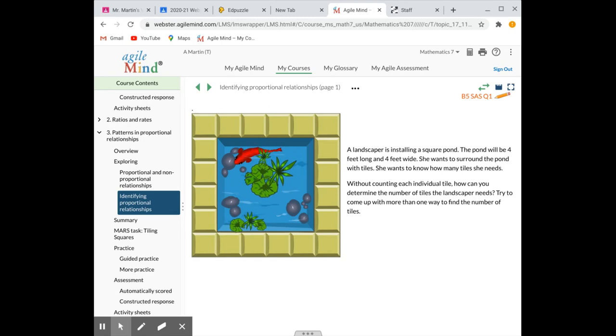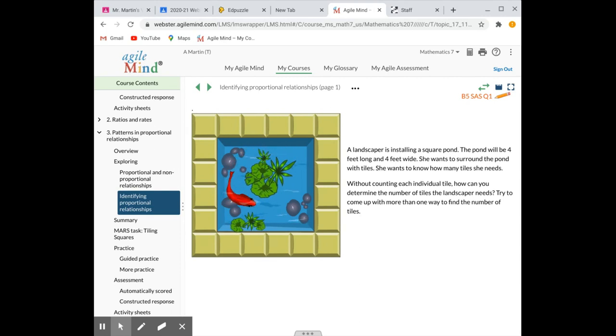All right, so I want us to think about two scenarios. I want us to think of a scenario that is proportional, and a scenario that is non-proportional. And I want us to try to figure out if we can tell from the description of a scenario whether or not it is proportional.